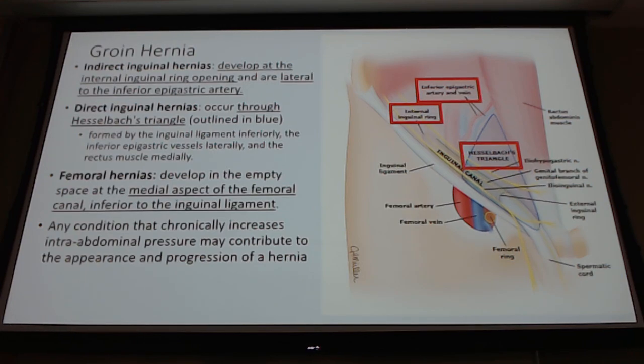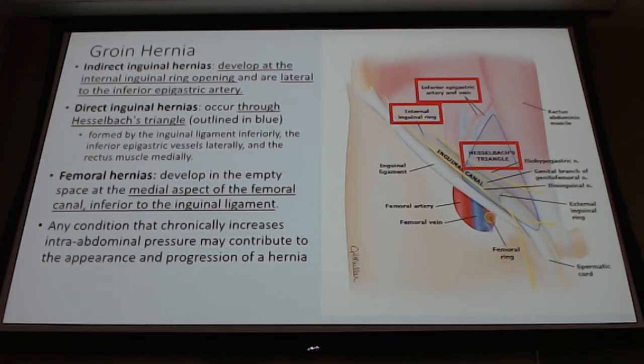But direct goes through the wall. Okay? And I have another picture on another slide that goes over that a little bit more. You have the Hesselbach's triangle, which I think the next slide goes over. It goes through this wall. It doesn't go through the opening of the inguinal canal, it goes through the wall of the canal.